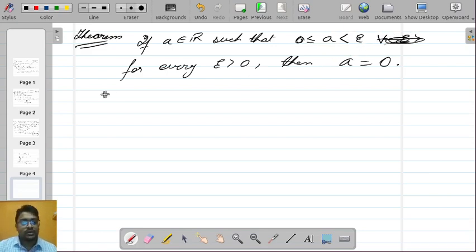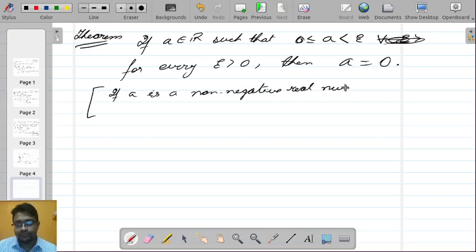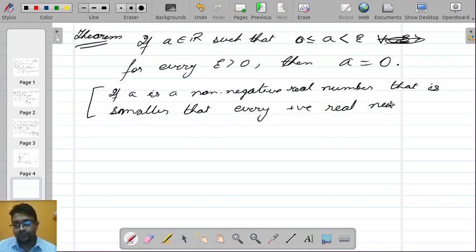Right. So let me write it in language. If a is a non-negative real number that is smaller than every positive real number, then this a is nothing but 0.